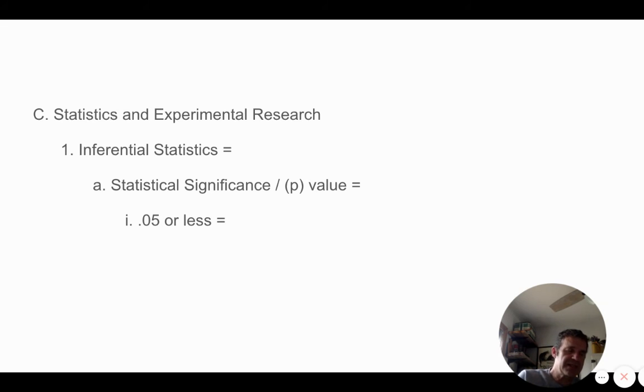So statistical significance, we're going to define it as this, tells us whether or not the results are due to the independent variable. Okay, it tells us whether or not the results are due to the independent variable or if they're purely by chance.